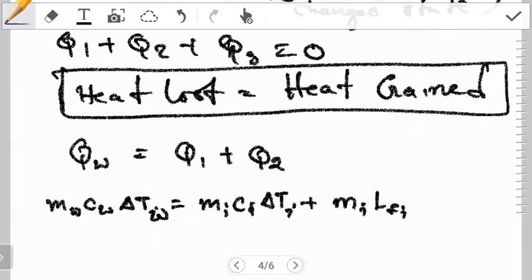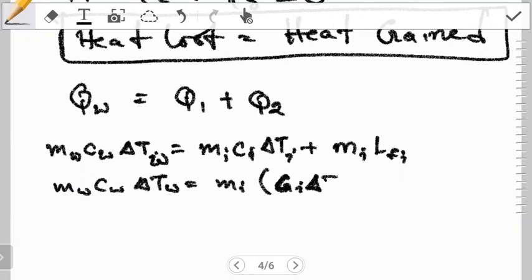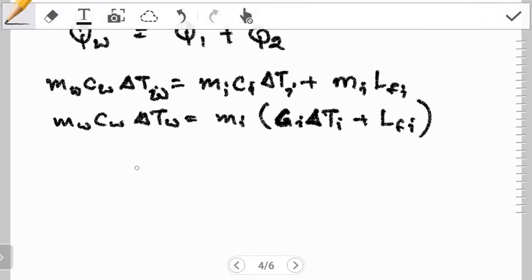So from here, we want to find the value of Mi, so I can factor it out. So now I have M water, C water, change in T for water equal to Mi times Ci, change in Ti, plus Lfi.